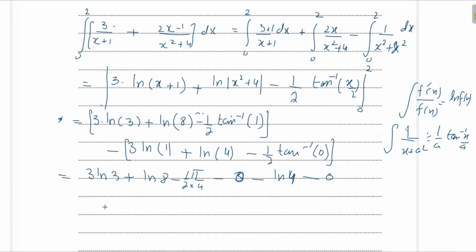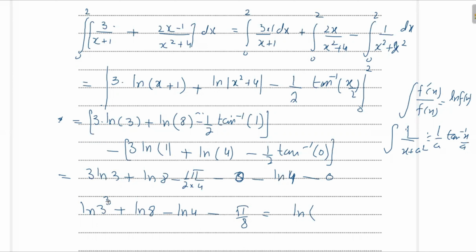Now we can write it as 3 ln 3 plus ln 8 minus ln 4 minus pi over 8. Now we can write it as ln, we apply the logarithm rule.